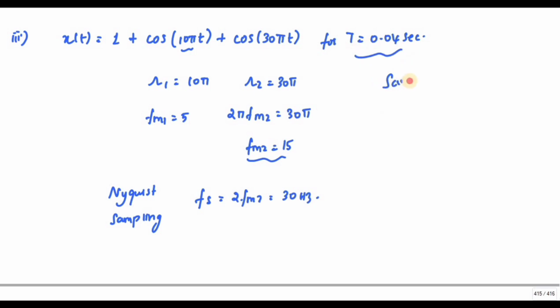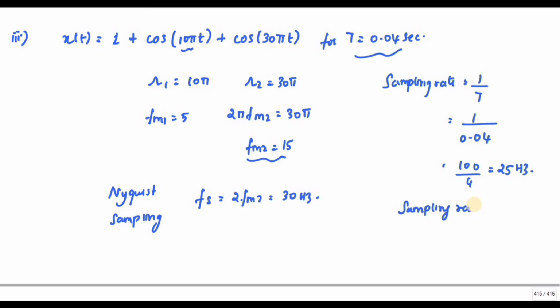So what is my sampling rate? Sampling rate is equal to 1 divided by T, that is 1 divided by 0.04. So you will get 100 divided by 4, which is 25 hertz. So here we can see the sampling rate is less than the Nyquist sampling rate.